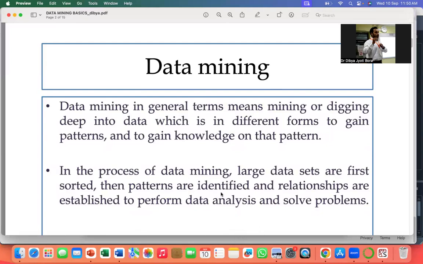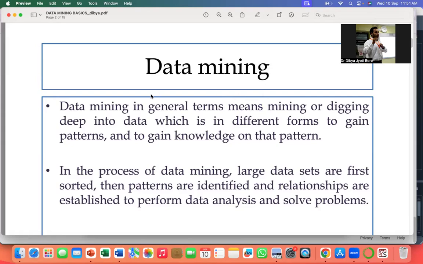Now, here we are going to discuss the topics which were in our first module. First, let's discuss the term data mining. Data mining in general terms means mining or digging deep into the data, which is in different forms, to gain patterns or to gain knowledge on that pattern, right?